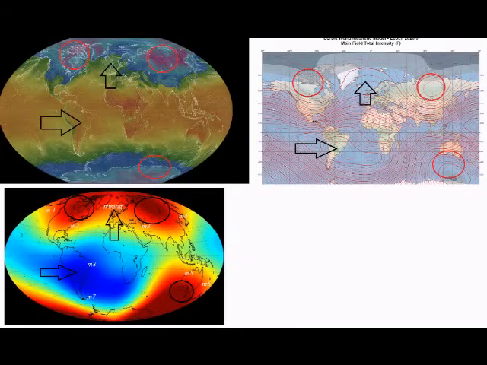The patterns on the top left and the bottom left charts are almost identical, yet not one single organisation has come out and mentioned this. Why is that?